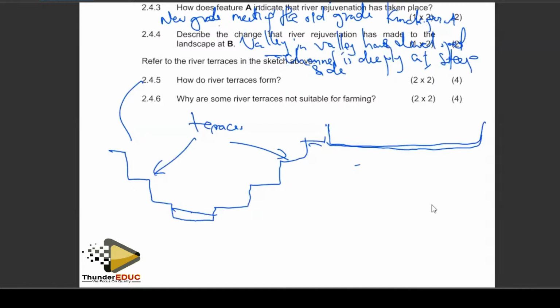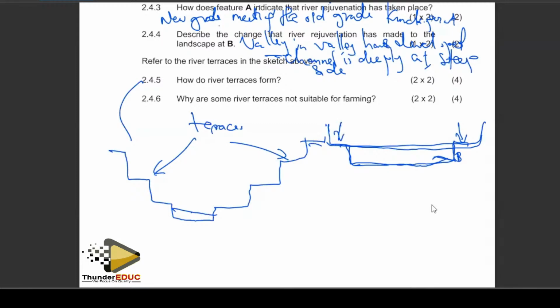If it rejuvenates, the river is going to create a valley within the old valley, which means now the new valley is this one, valley B. And remember, this part has been left because it did not erode from bank to bank, but it created a new valley within the old valley.